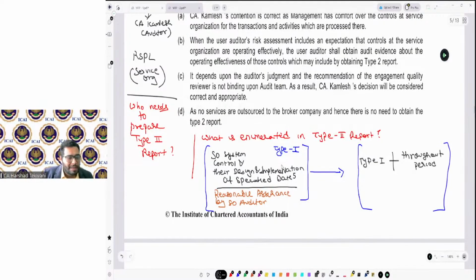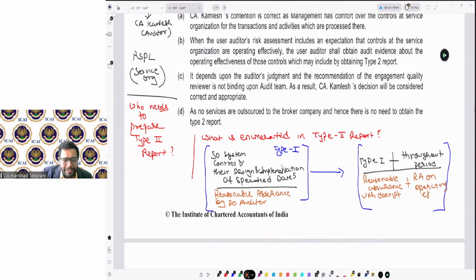Now, when it comes to reasonable assurance, the auditor not only needs to provide the reasonable assurance with the description, plus he needs to provide reasonable assurance on operating effectiveness, meaning they were operating throughout the period. Now that is a type 2 report.